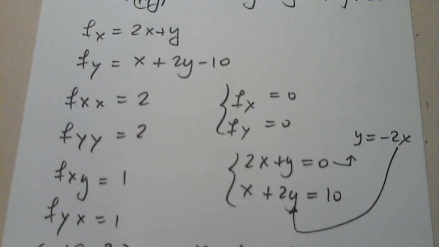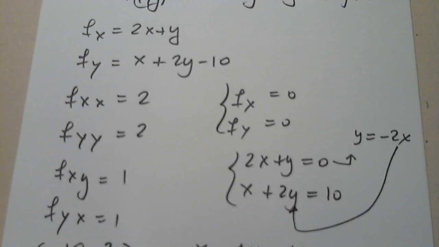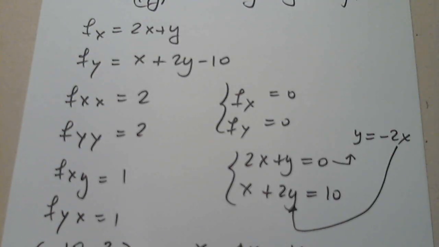Negative 2x times 2 is negative 4x. x minus 4x is negative 3x equals 10. So x equals negative 10 thirds. When I multiply negative 10 thirds by negative 2 to find y, I get 20 thirds. So the point in discussion is negative 10 thirds comma 20 thirds. Is this okay?